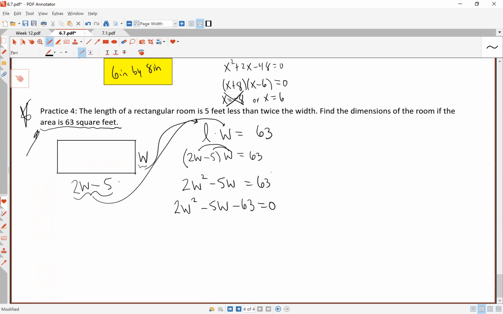Okay, so yeah, these numbers are kind of big, so let's see what happens. The AC method: we have 2 times negative 63, which is negative 126, that adds to negative 5. For lack of a better answer, I know to start with 3 and 42.